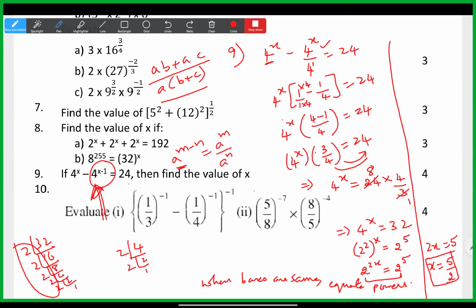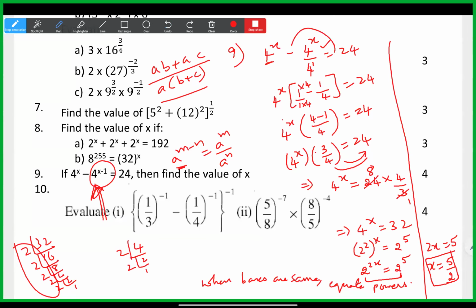These are the models. If you understand these questions, and if you have solutions for other questions in your textbook or in the notes, if you observe the steps, you'll understand it. Do you have any doubt in the middle of the steps anywhere? This is the only new thing here.